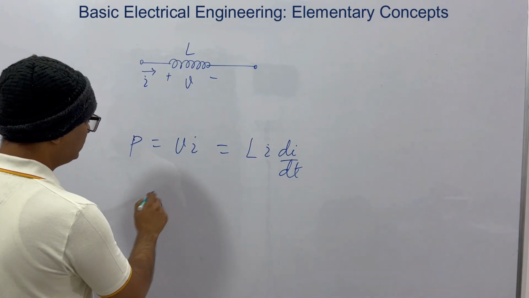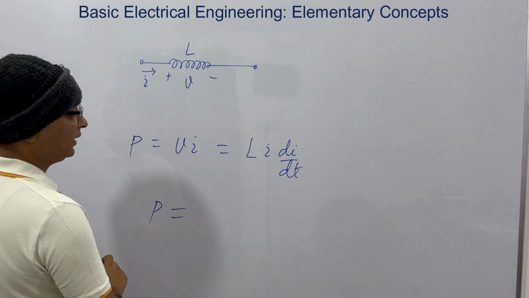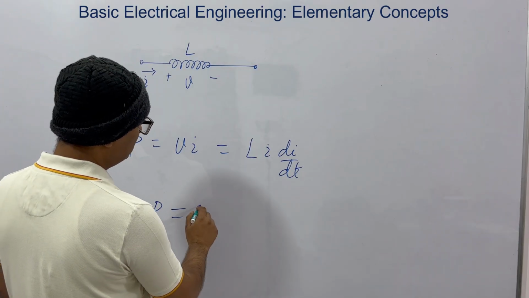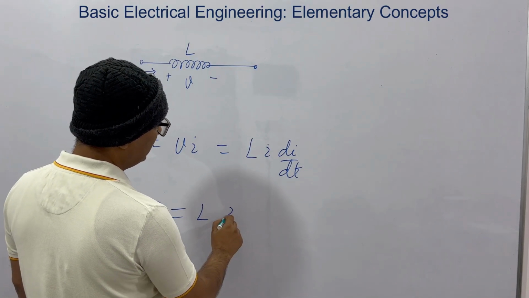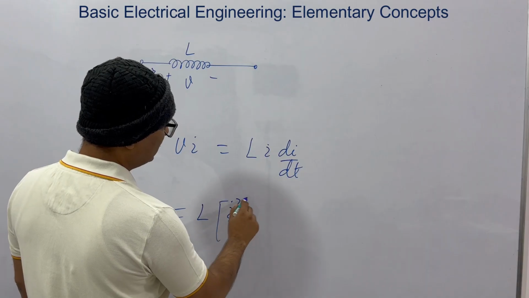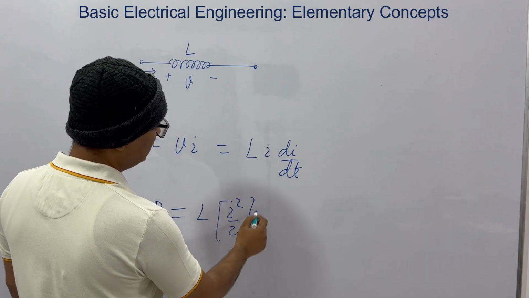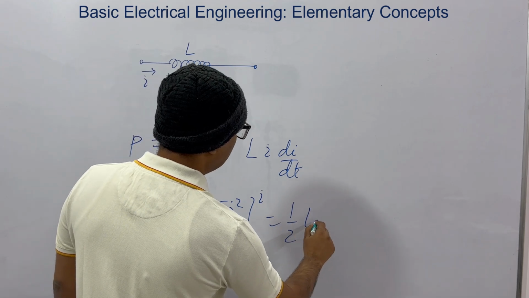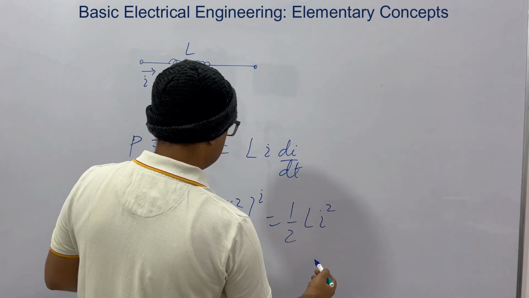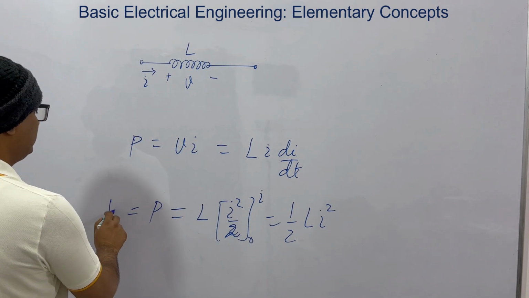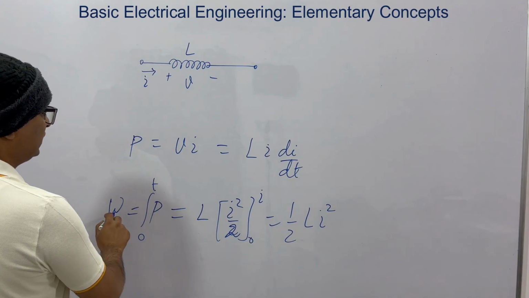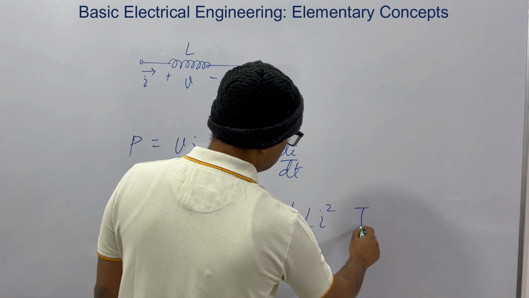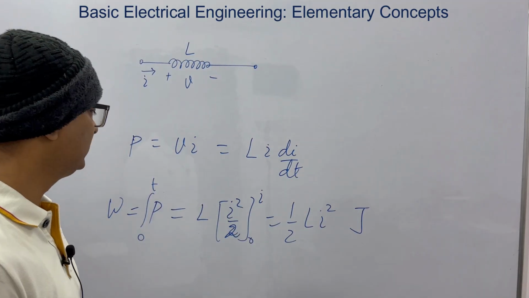Similar to what we did in the case of the capacitor, this will be P dt. So P from 0 to T, when you get the final value, what you get here is L and I square by 2. If you integrate it from 0 to I, finally what you get is half L I square, and this is energy. 0 to T, when you integrated it, you got energy. So energy is in joules. There also for the capacitor, the energy is in joules.